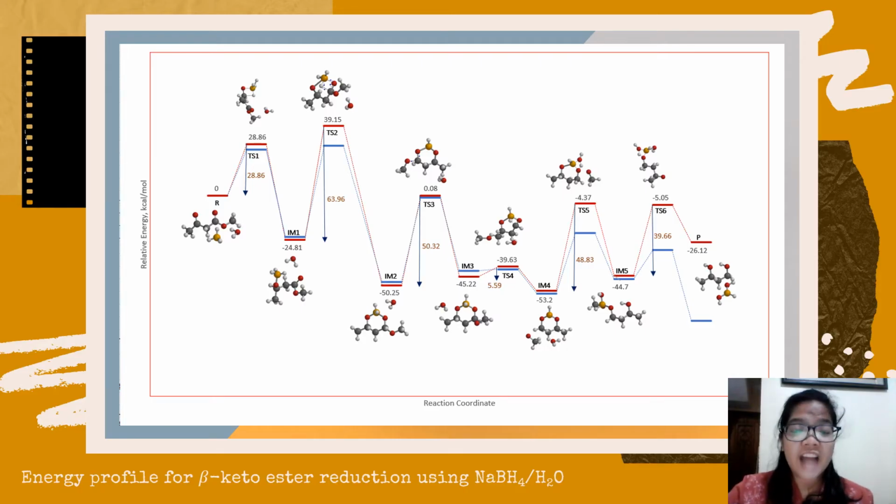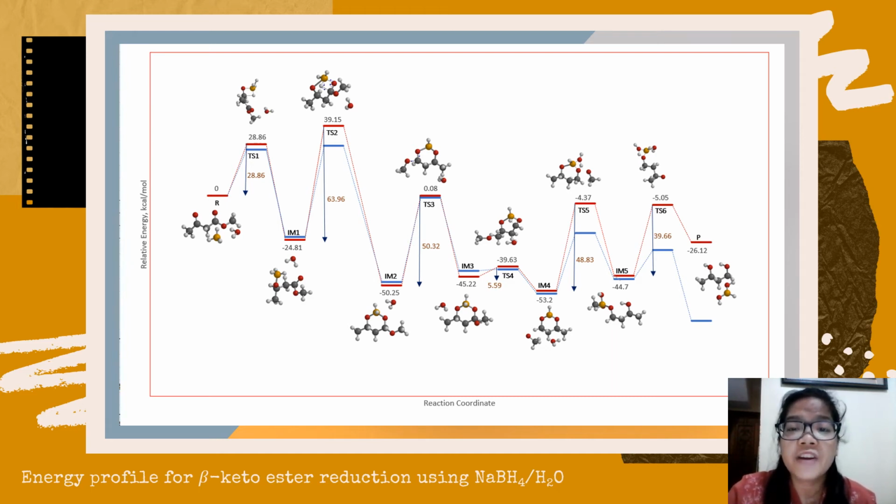So, once the reaction mechanism was identified for the reduction of beta-keto ester, we investigated the effect of using water as an alternative solvent. As shown in the figure, the calculated activation energies of each step in the sodium borohydride water system, in the red pathway, are higher than those in the sodium borohydride methanol system, in the blue pathway.